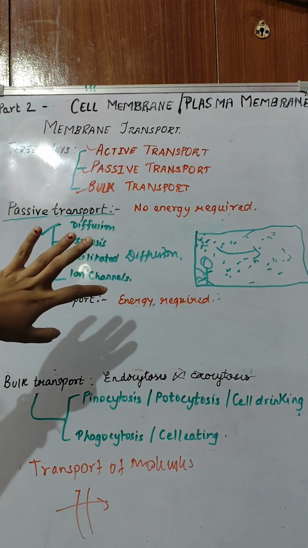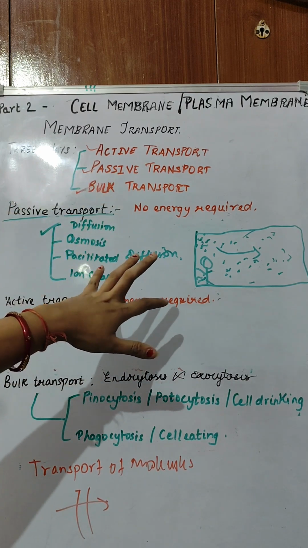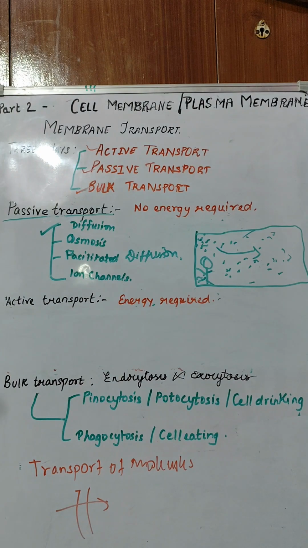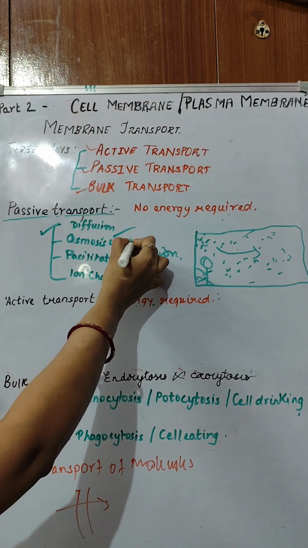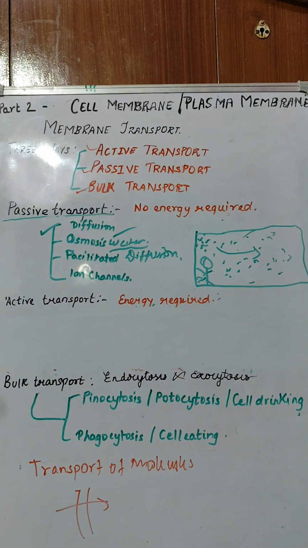That is the process of diffusion, where the movement of molecules occurs from higher concentration to lower concentration region. If the same thing is applied to a water molecule through a semi-permeable membrane, then it is the process of osmosis. What is osmosis?